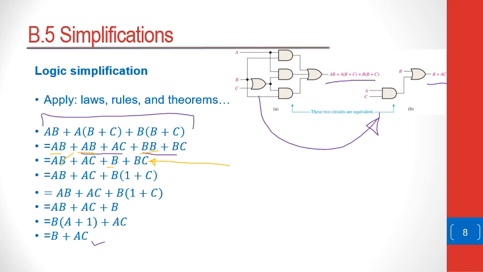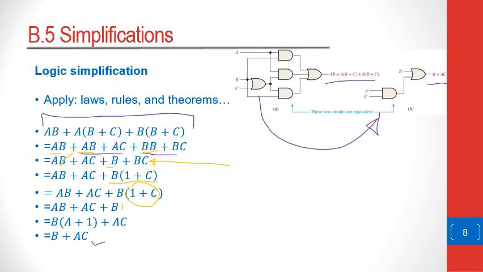From there, we can use one of the Boolean algebra rules to factor out the B. After factoring out the B, we see that A or C eliminates the C, because then this becomes B and 1.